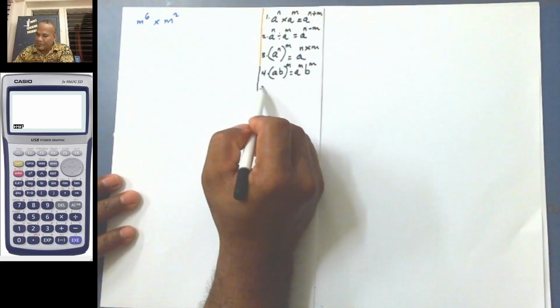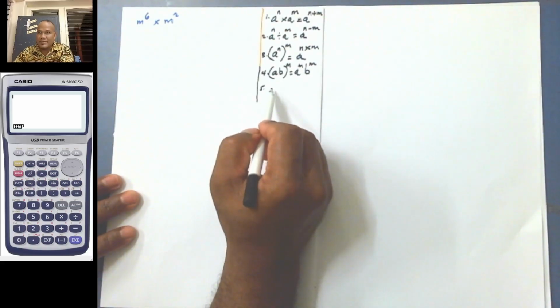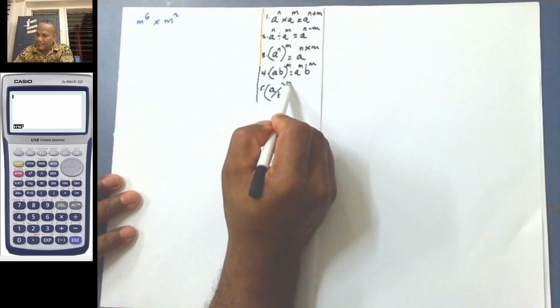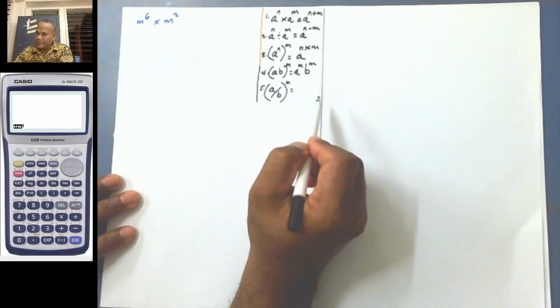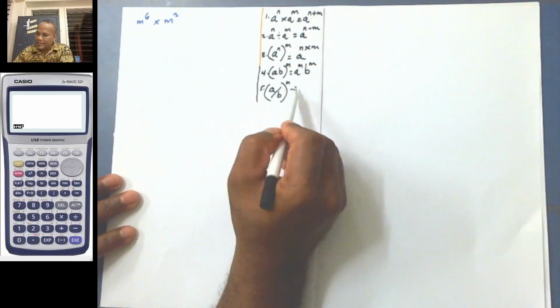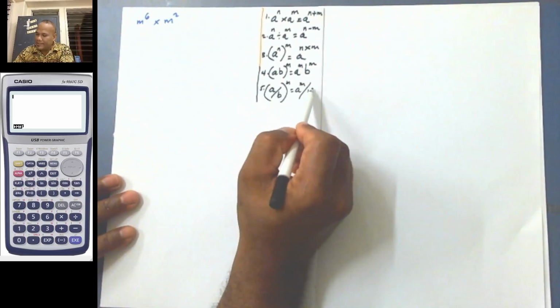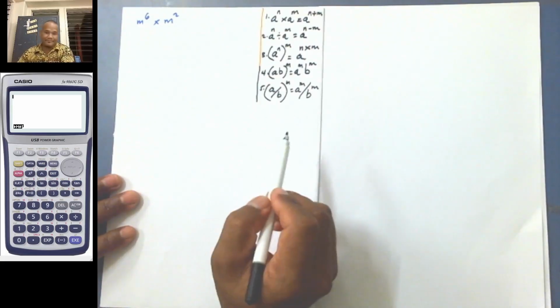And the fifth law says a divided by b, to the power of m, is equal to a to the power of m divided by b to the power of m.